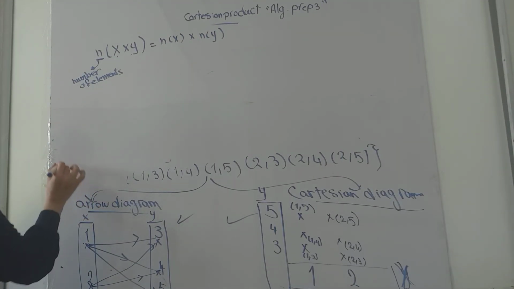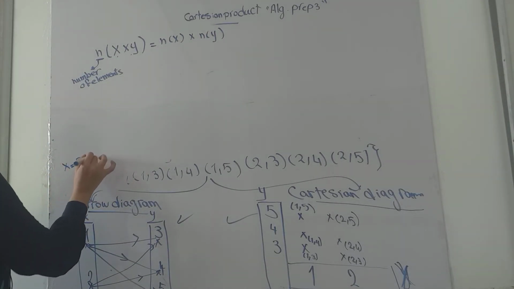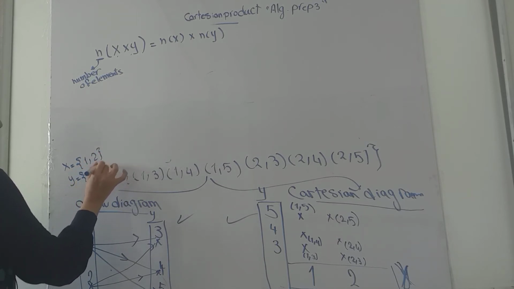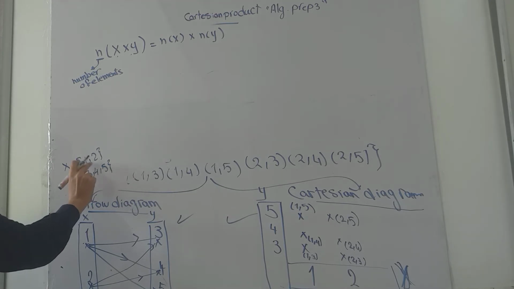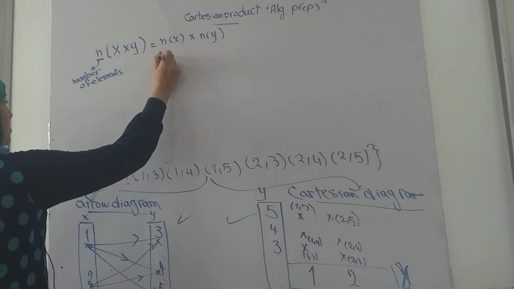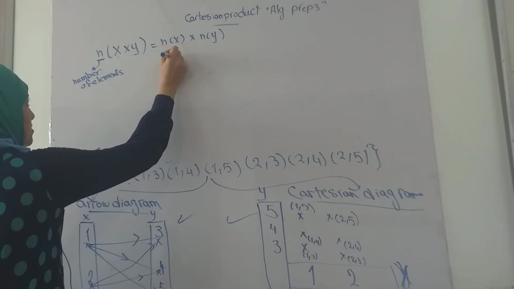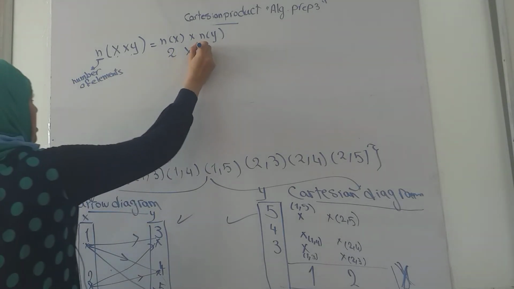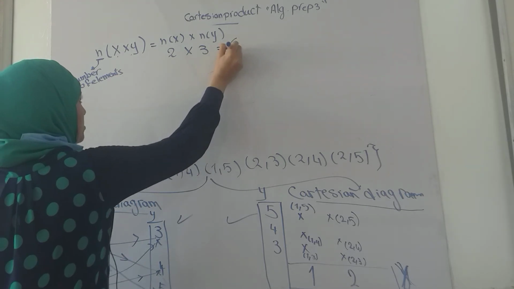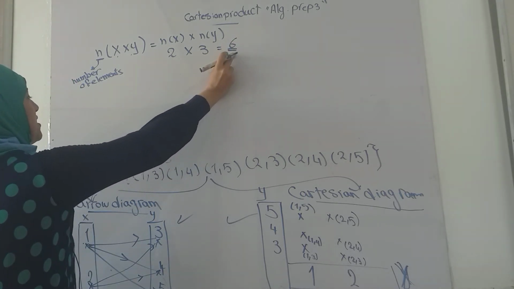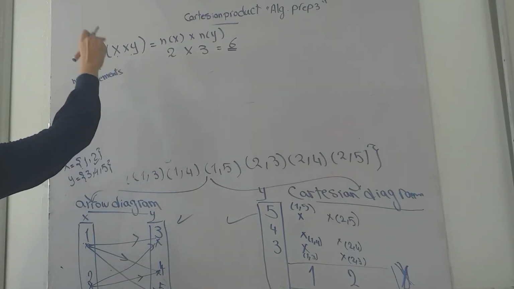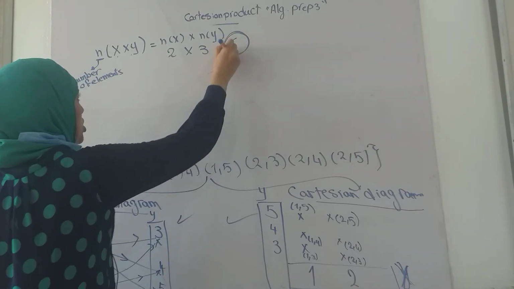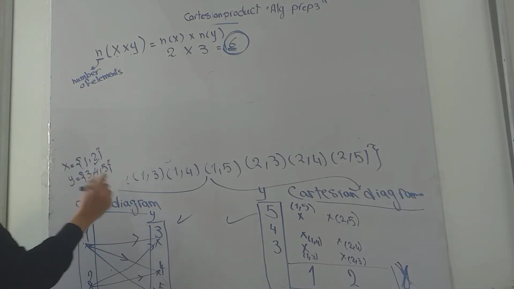In this example, x can be 1 or 2 and y can be 3, 4 or 5. What is the number of elements in x? 1, 2, 2 elements. What is the number of y? 1, 2, 3, 3 elements. 2 by 3 equals what? 6. 6 means that the number of elements of the Cartesian product is 6 ordered pairs.